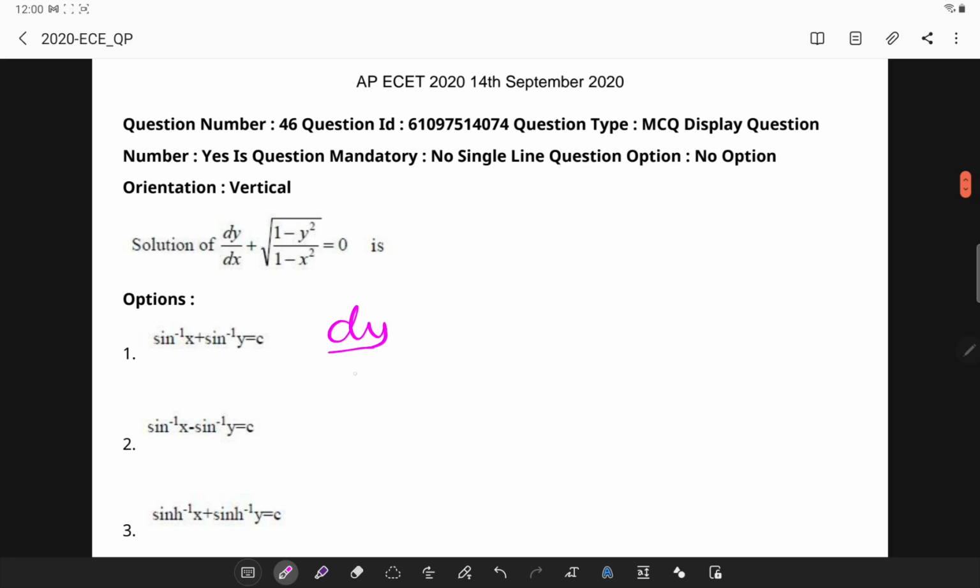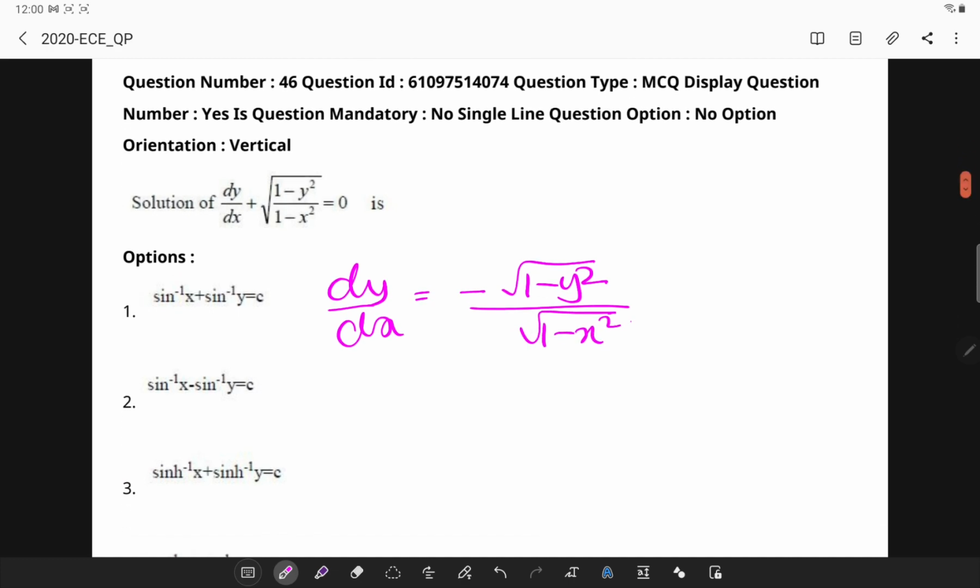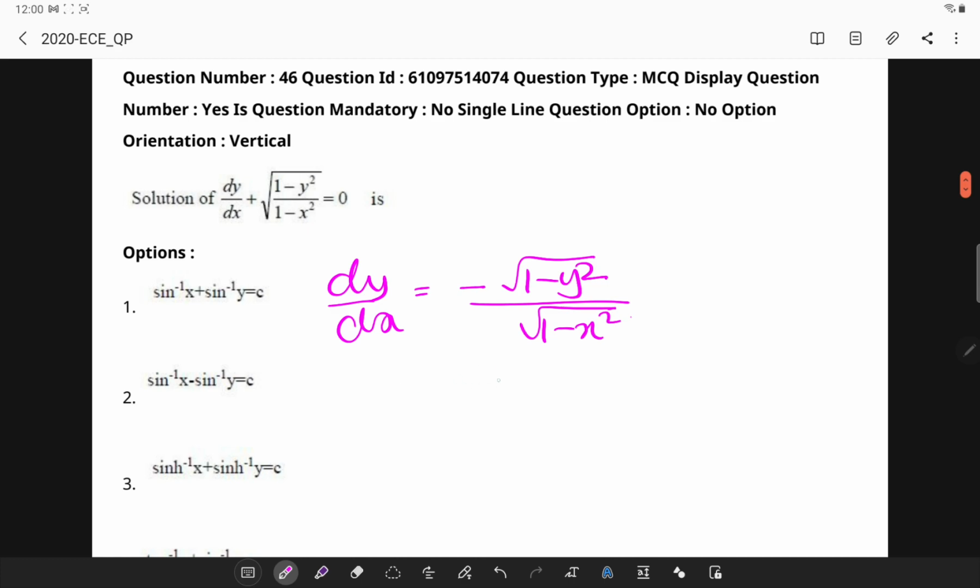So the next question is again related to integration. I can write dy by dx as minus root over 1 minus y square divided by root over 1 minus x square. Or I can rearrange the terms in such a way that dy by root over 1 minus y square is equal to dx by root over 1 minus x square with a minus.